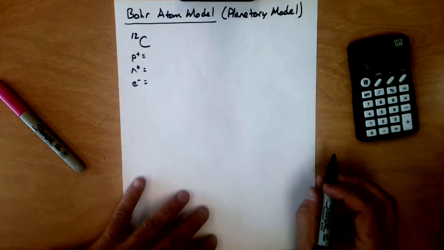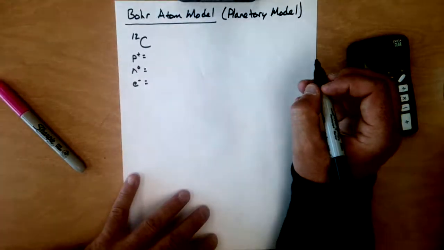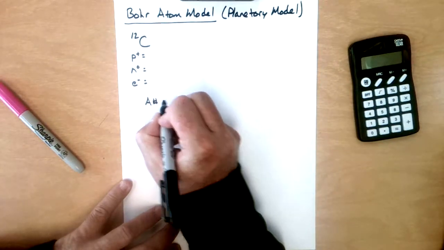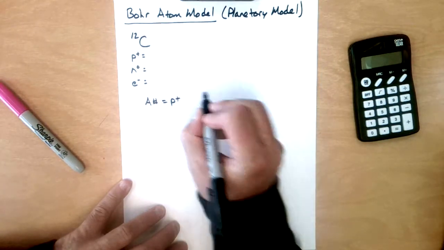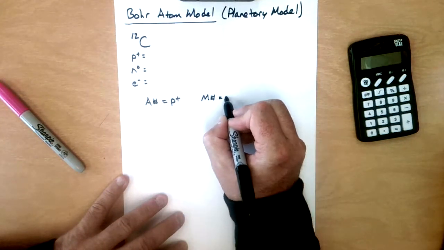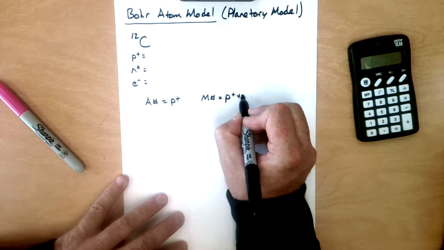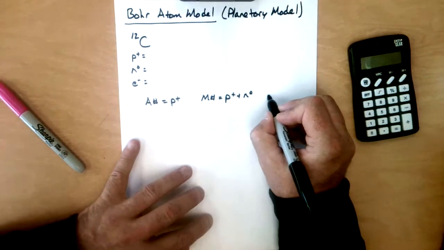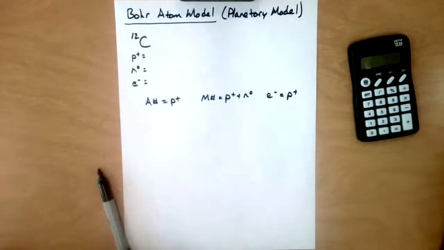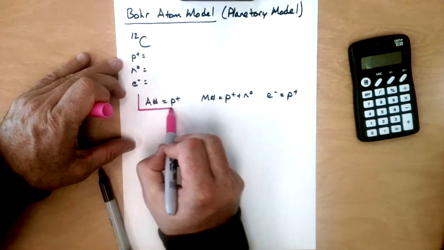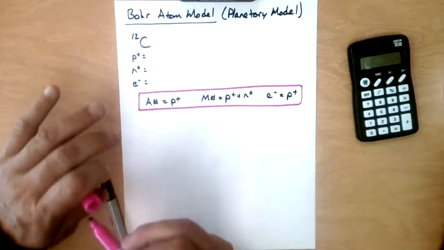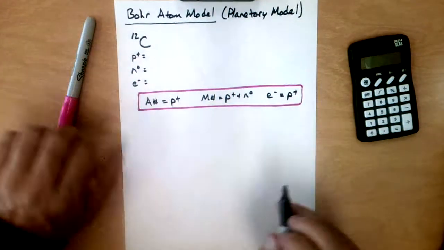Well, there's some things I need to remember. I need to remember that atomic number gives me the number of protons, and mass number is the number of protons plus neutrons, and electrons equal protons. So I need to keep these things straight for when doing this type of problem.